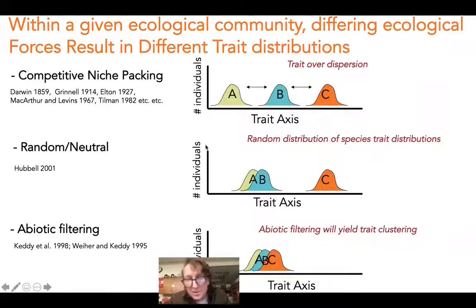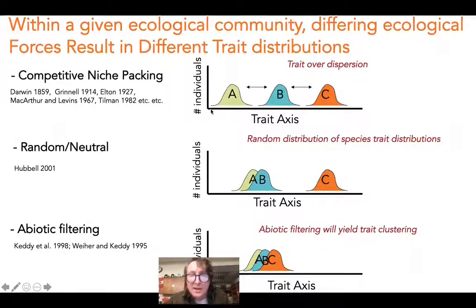Okay, so within community ecology, when we look at the diversity or dispersion of traits, we can talk about the dispersion of traits in terms of the number of individuals belonging to different species. And so here, the different species are species A, B, and C. We can array these different species along trait axes. And so this is a given trait value.